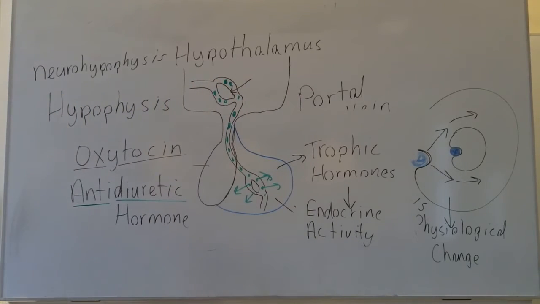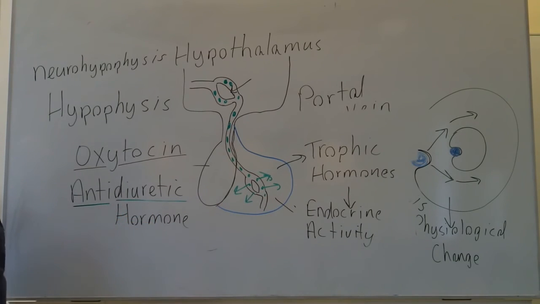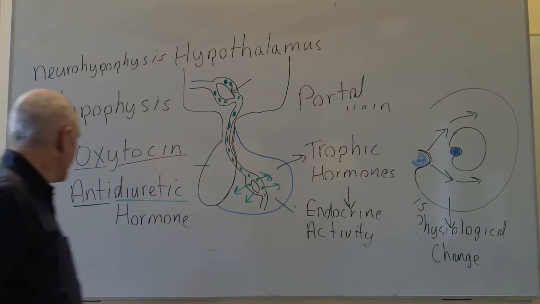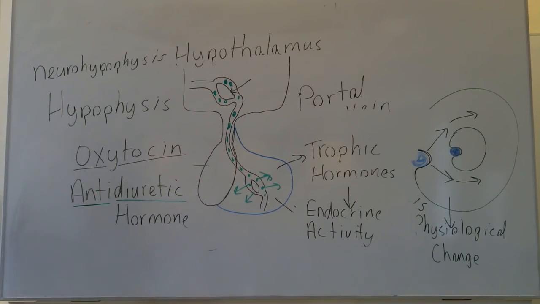So diuresis is a larger volume of urine than normal. But this isn't a diuretic hormone, is it? It's not like giving furosemide and increasing your patient's urine volumes. It's an antidiuretic hormone. So what does this hormone do to urine volumes?